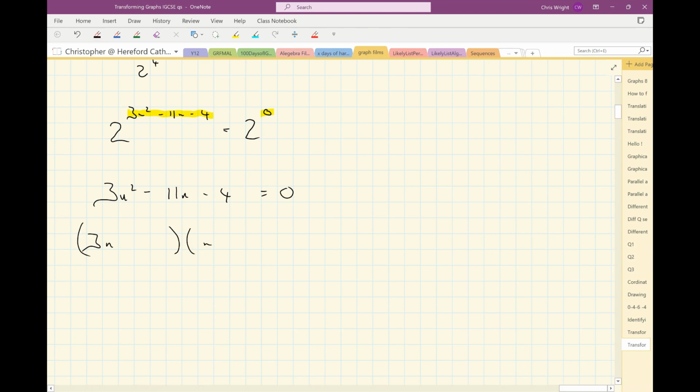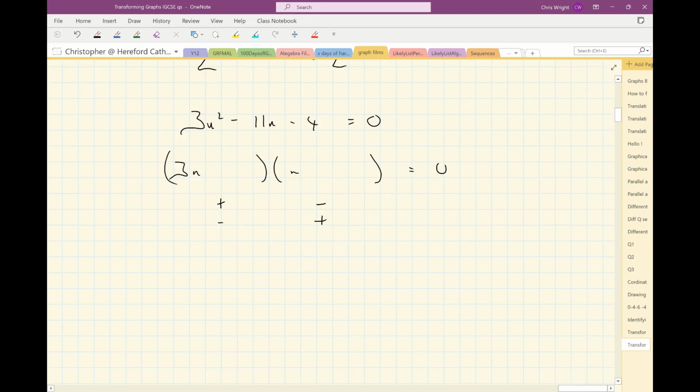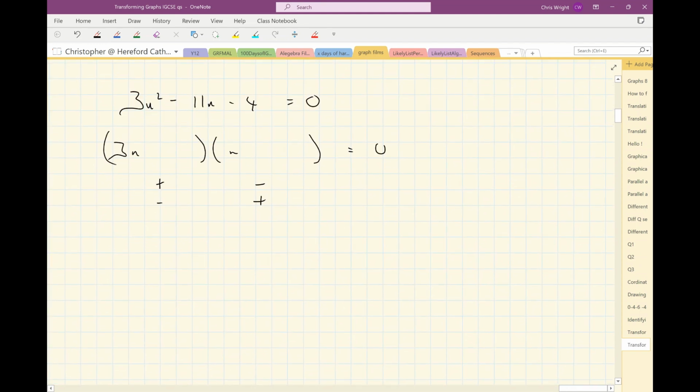I'm going to try factorizing first. I know it's 3n squared, so it's got to be 3n and n. Now they multiply to a negative, so I'm going to have a plus and a minus. It's either going to be a plus and a minus or a minus and a plus, isn't it? And they multiply to 4. Right, so this is going to need some trial and error, I think. 4 could be 4 times 1, couldn't it?